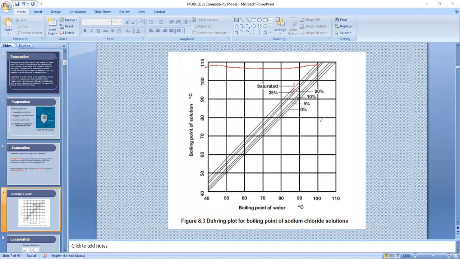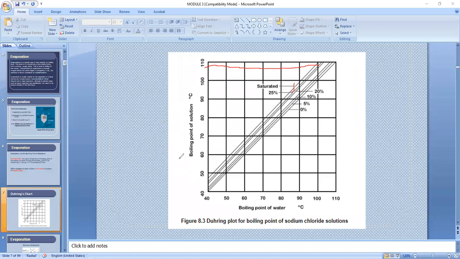So from an originally 100 degrees Celsius boiling point, if it's just water, you will have it now increase to, if you read it here, around 108. So the BPR will be the difference between 100 and 108. Your boiling point elevation or boiling point rise is 8 degrees Celsius, because what you're reading here is the boiling point of your solution.